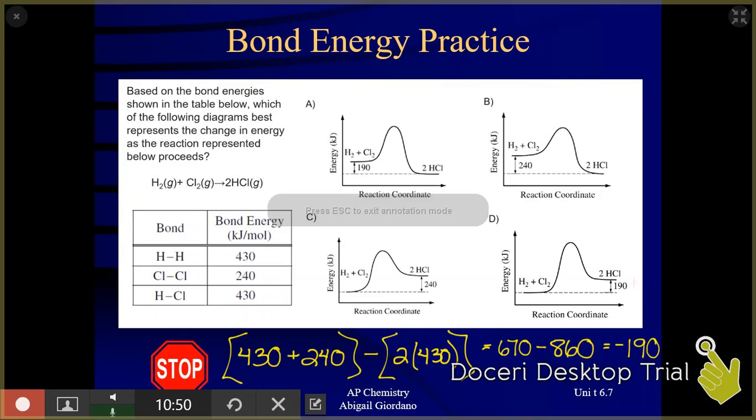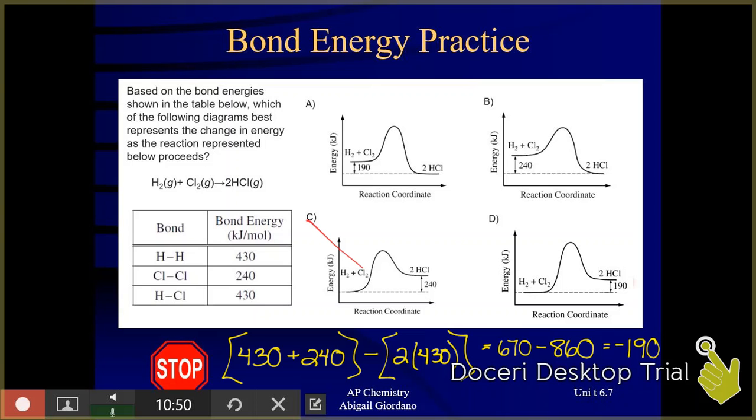But when I do bonds broken minus bonds formed, I end up with a number of negative 190. Even if you were pretty close, even if you realized that it was somewhere near negative 200, you could still get the answer. Okay, now, the answer is negative. Remember what that means. That means exothermic.